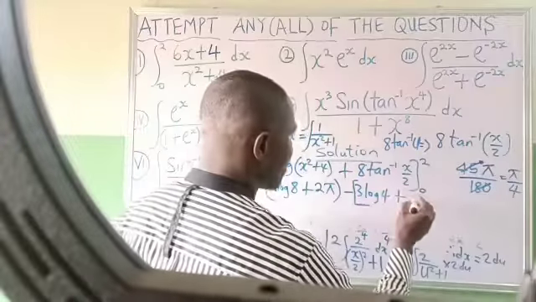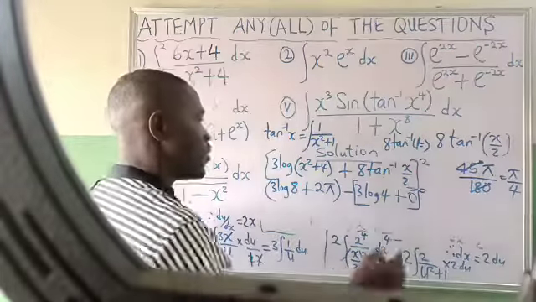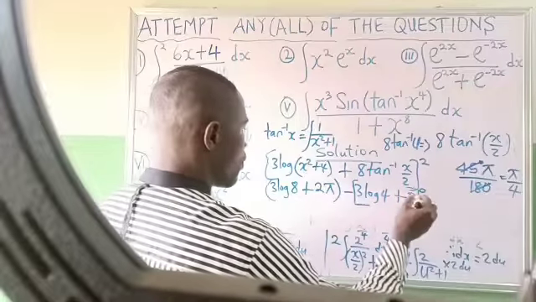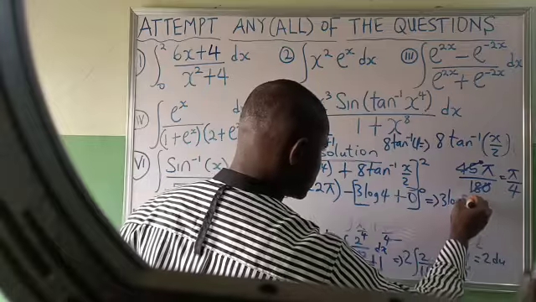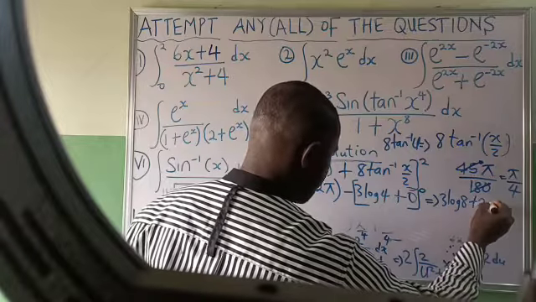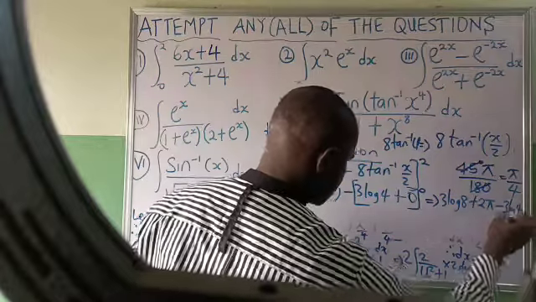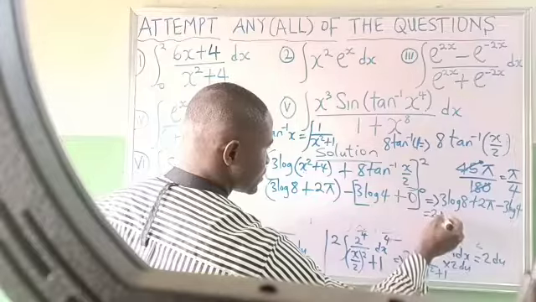So what we now have is plus 0. We now say that this plus 0 is the same thing as this. So what we'll be having finally is 3 log 8 plus 2 pi minus 3 log 4. We bring that 2 pi aside.